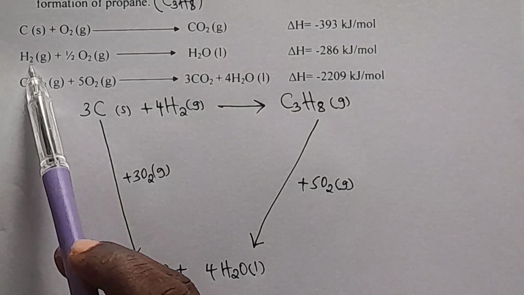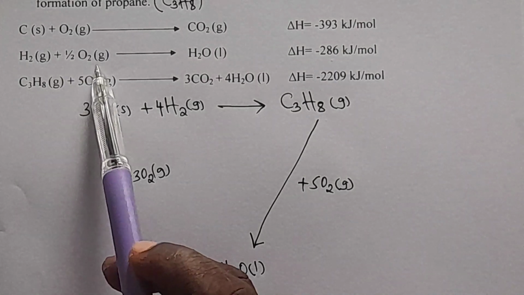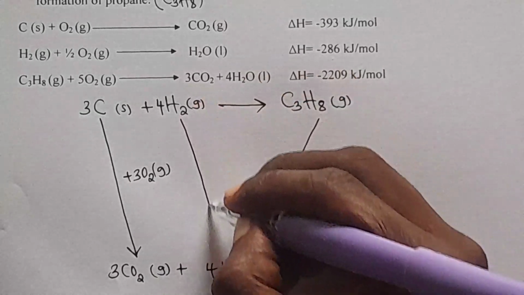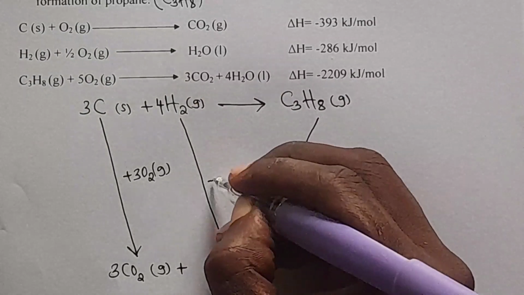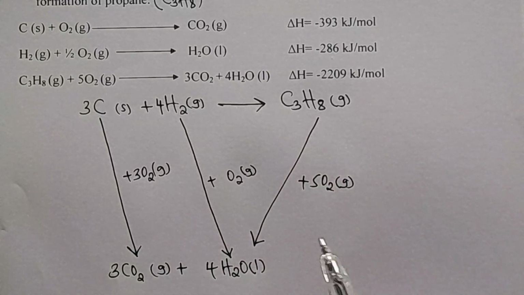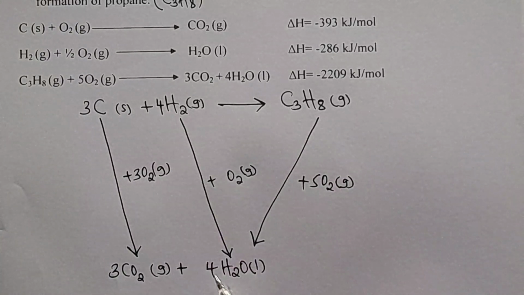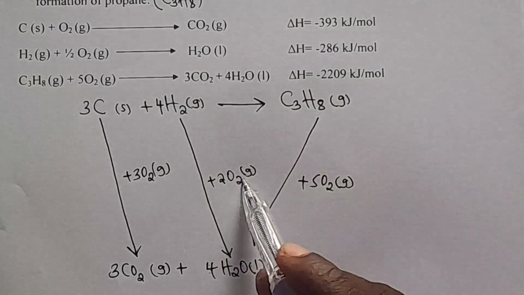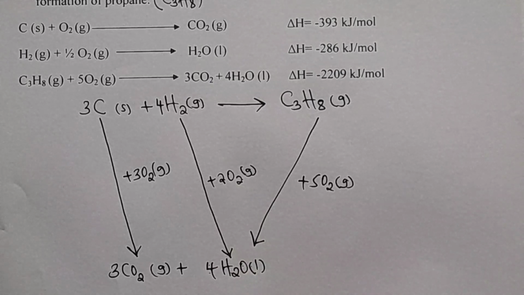Next, we have hydrogen gas reacting with half of oxygen gas giving us water. So let's balance that equation again. Here we have 8 hydrogen, and here we have 8 hydrogen. That means we have 4 of oxygen. We are supposed to put 2 here, so we also have 4 oxygen on the other side.